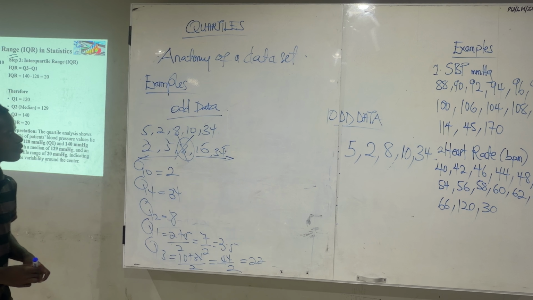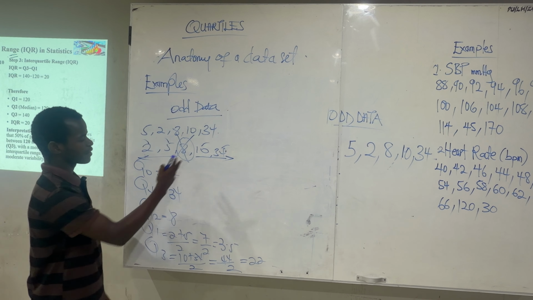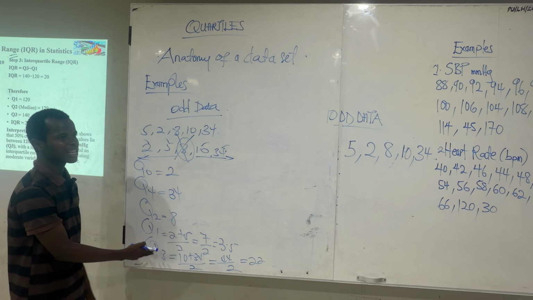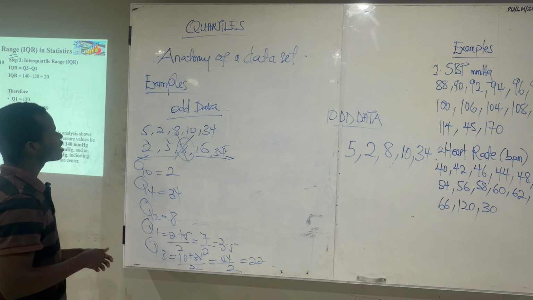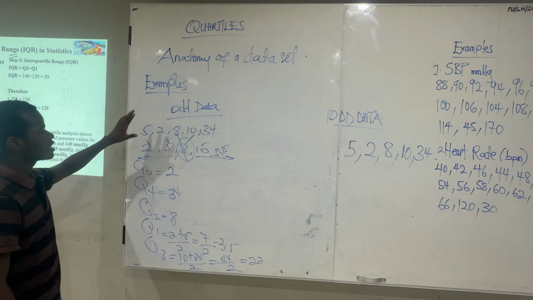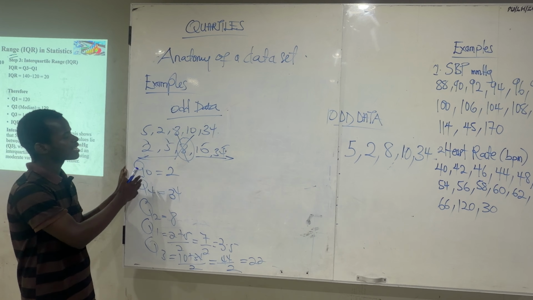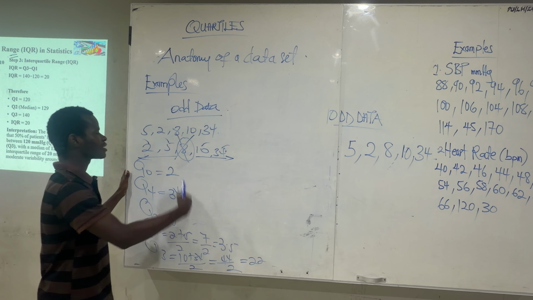So from here, you know that the median of the upper half is 22, which is the same as our Q3. To summarize everything on the odd data, we said that when you get the data, first confirm that it is odd, and then arrange the data in ascending order or descending order.